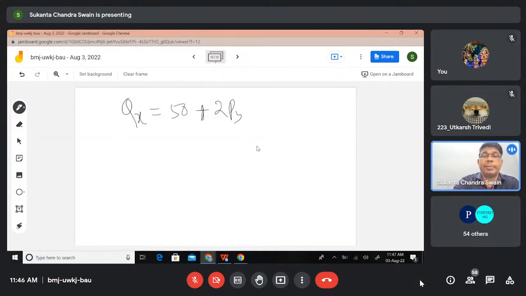Now I'm putting in a minus. Suppose Qx is equal to 50 minus 2 Py. We are asked to find EC. Because Qx and Py are given, the geometrical formula will be del Qx by del Py into Py by Qx.